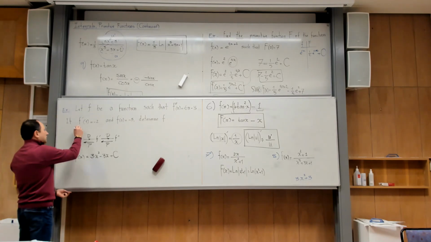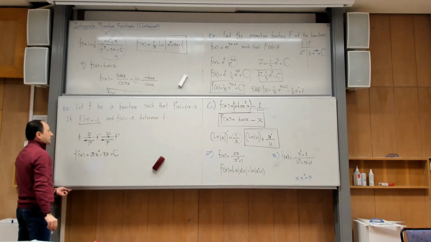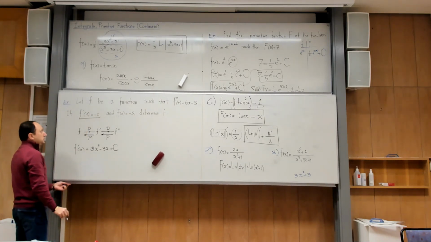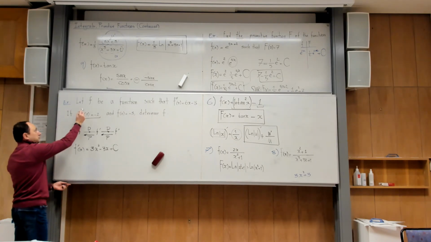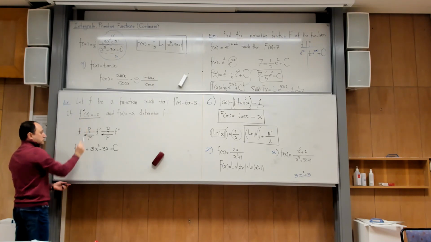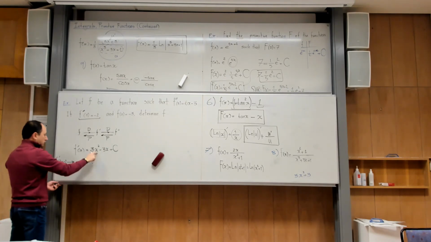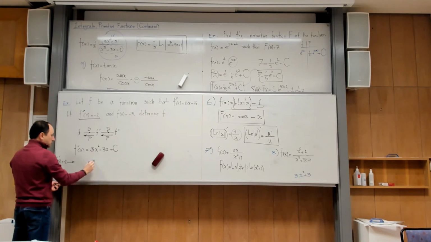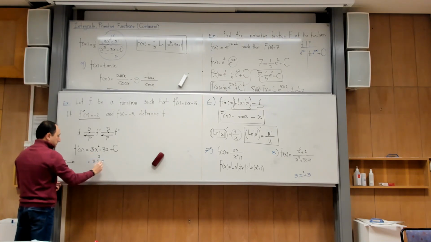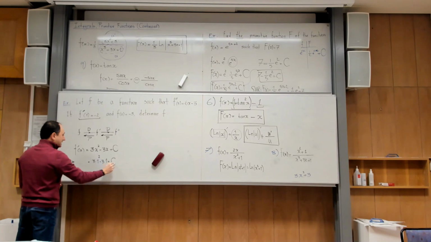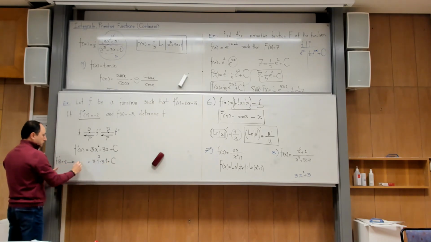Because they are telling us that this should be satisfied. What does it mean? It means that if I go to the first derivative, replace x with 1, the answer is supposed to be minus 2. So what happens? F prime of 1 is negative 2. So this means that if I go here and replace x with 1, the answer is supposed to be minus 2.